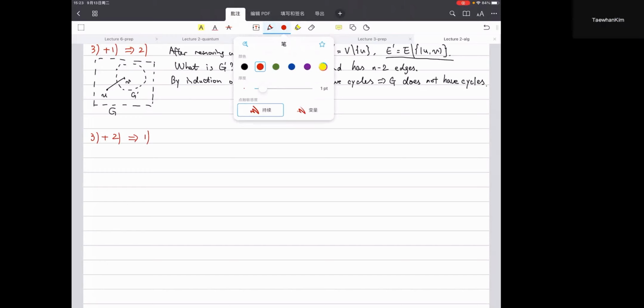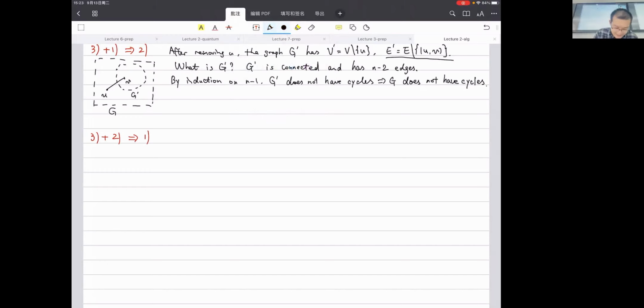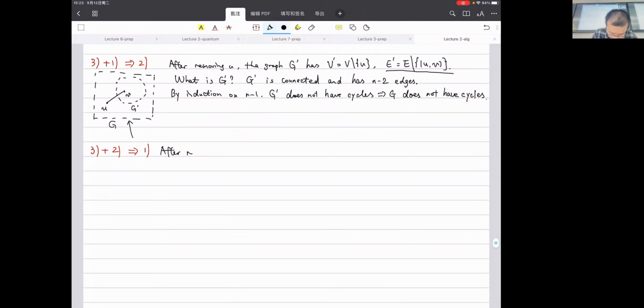So let's still look at the graph here, which is still this one. The argument is basically the same, so let's write everything down for the rigor of the proof. After removing U, we still use the G prime notation.